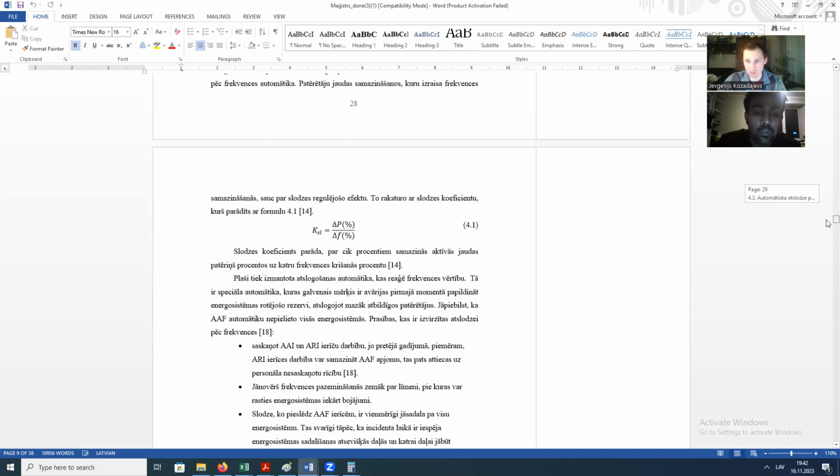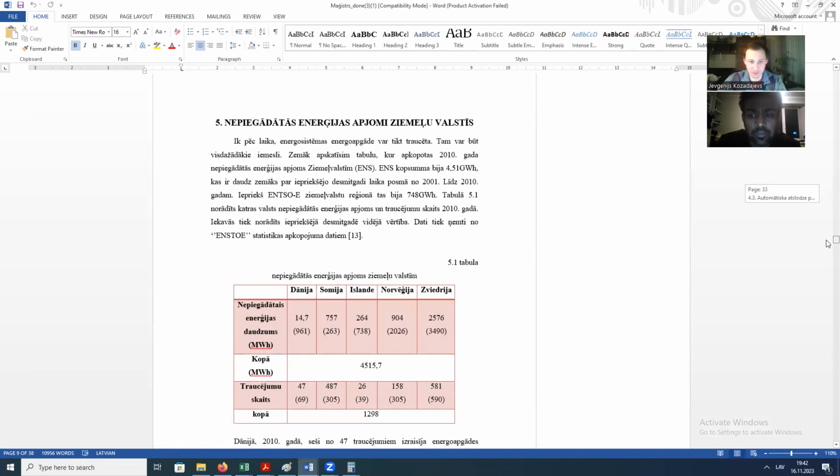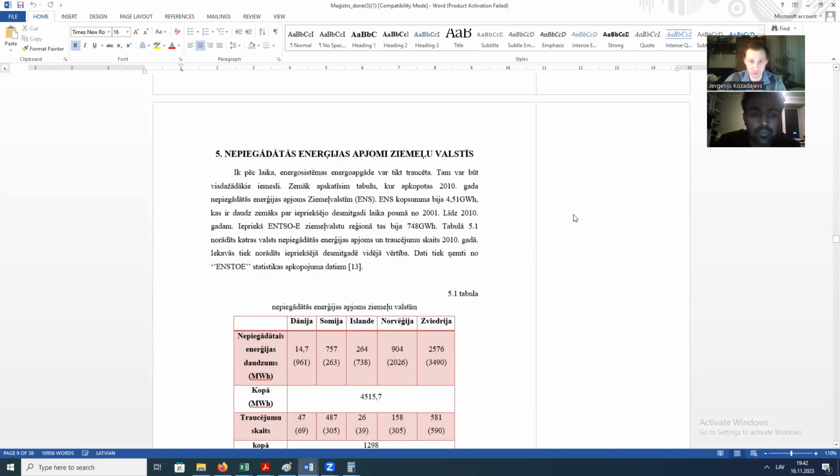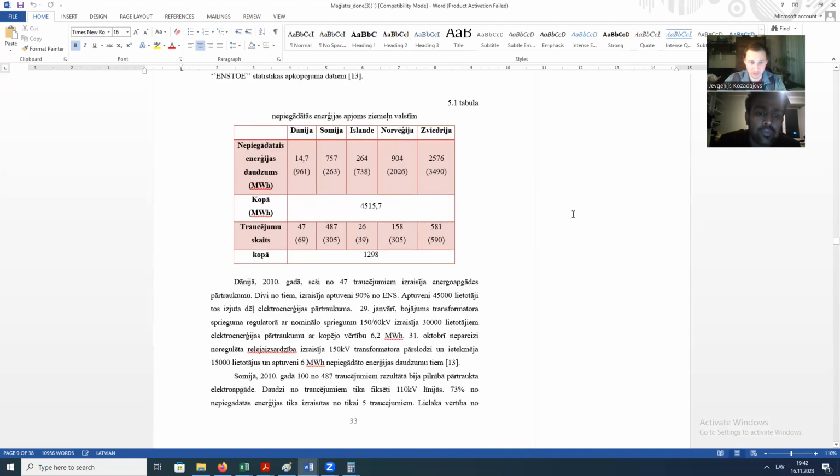But this is a local student, that's why these summaries are in Latvian, but we need just facts with digits.